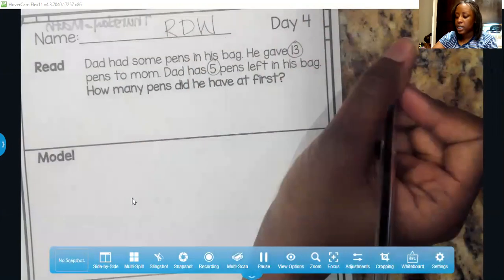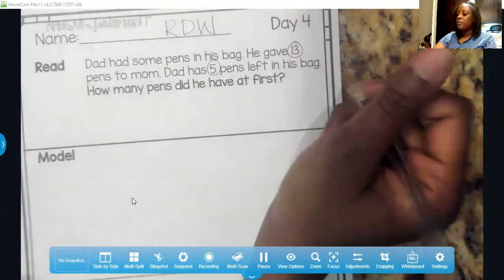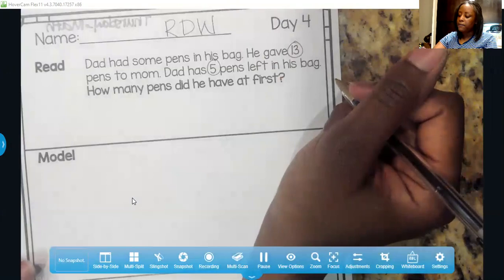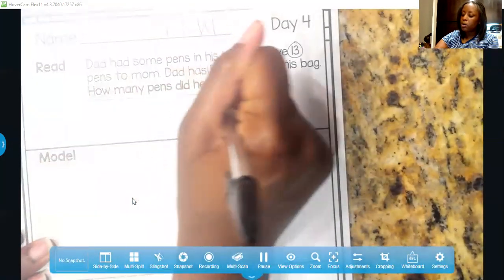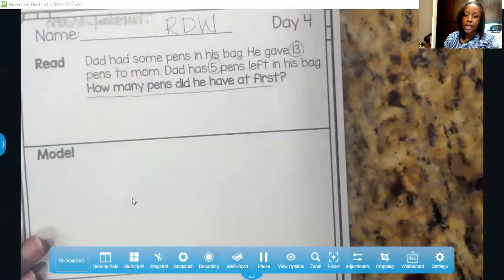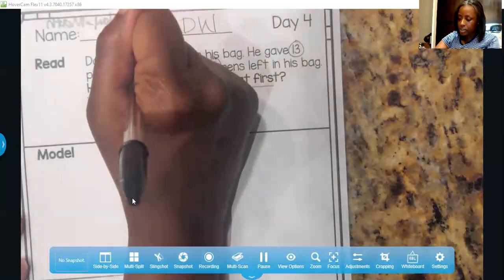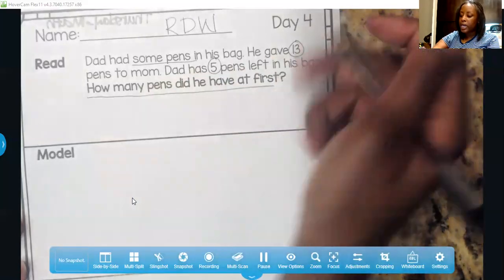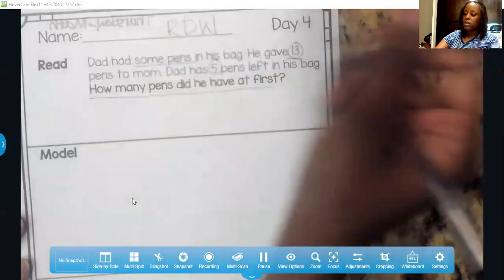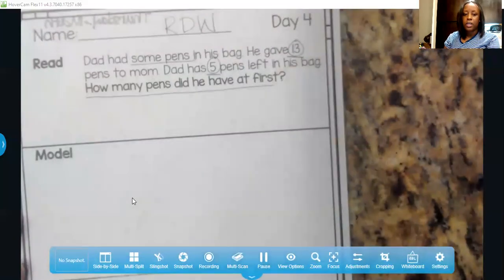Dad has 5 pens left in his bag. How many pens did he have at first? We want to know how many pens he had at first, or in the beginning, or what he started with. He has some pens in his bag. We don't know how many. He gave 13 to Mom, and then he has 5 left.